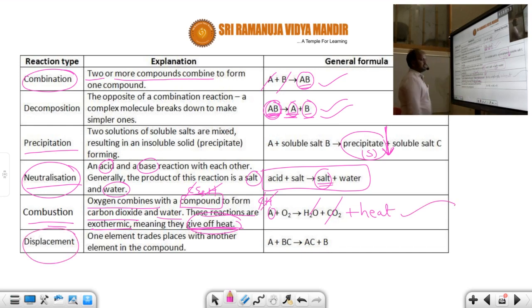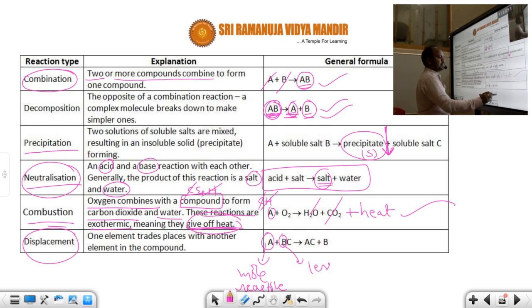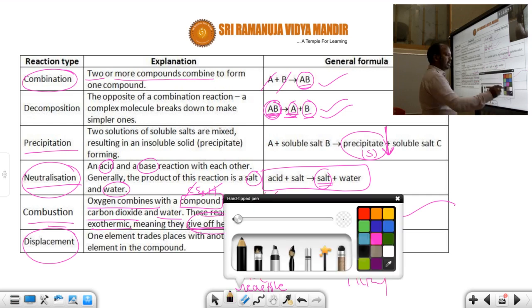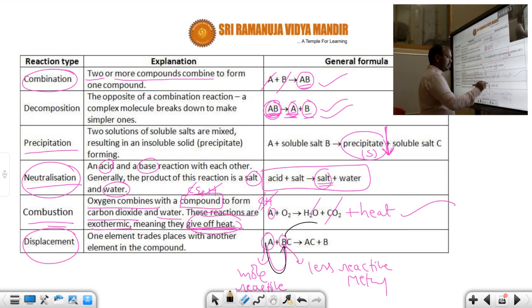After that, displacement reaction. Here A is the more reactive metal and B is the less reactive metal, as I already explained. So the more reactive metal A displaces the less reactive metal B from its aqueous salt solution.